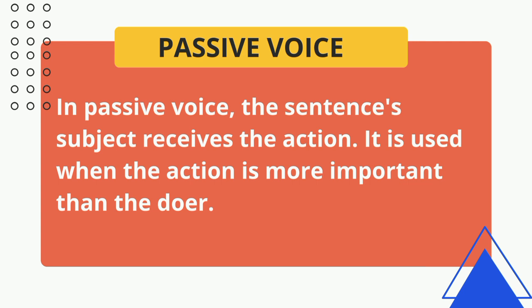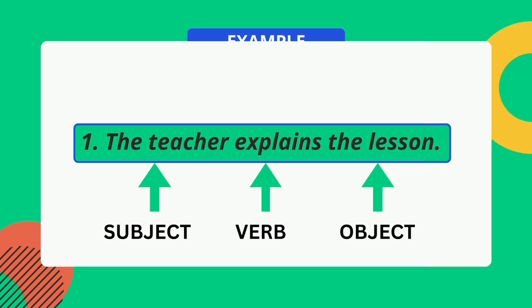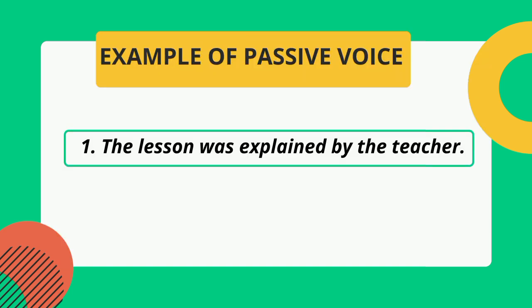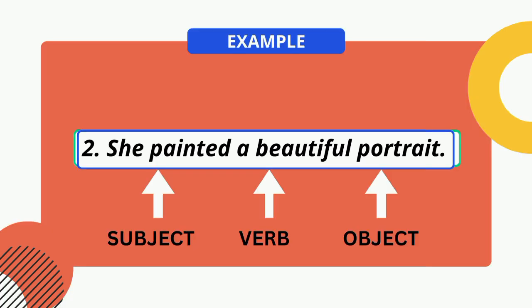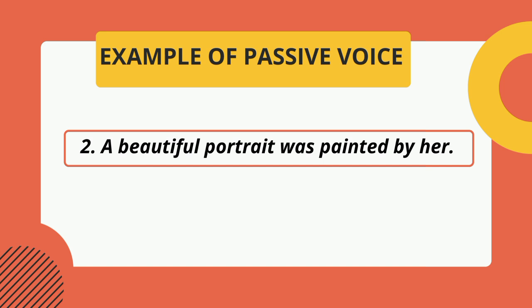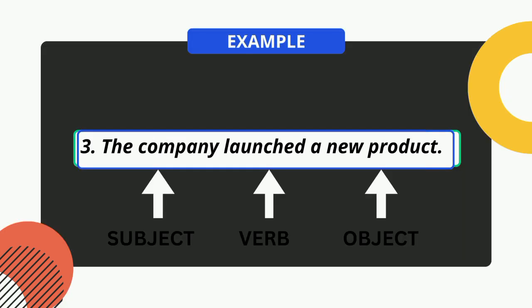So let's compare the active voice and the passive voice. In the active voice, the teacher explains the lesson. Now passive, the lesson was explained by the teacher. She painted a beautiful portrait. A beautiful portrait was painted by her. The company launched a new product.